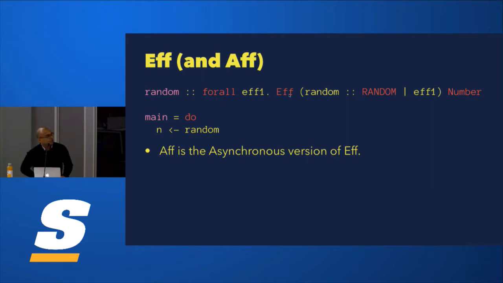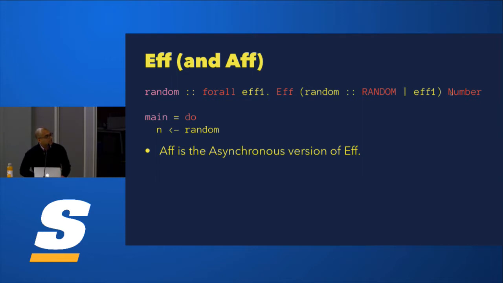For example over here, for random, you're saying any type F1, okay, I'll explain that later. So Eff has a side effect of random, because random in some way is not pure. It'll obviously give back a different value if you call the same function again and again.